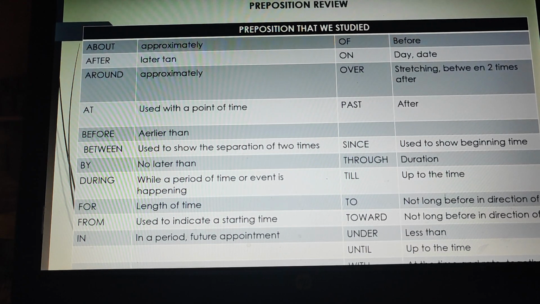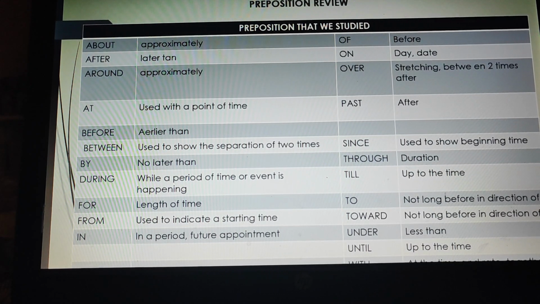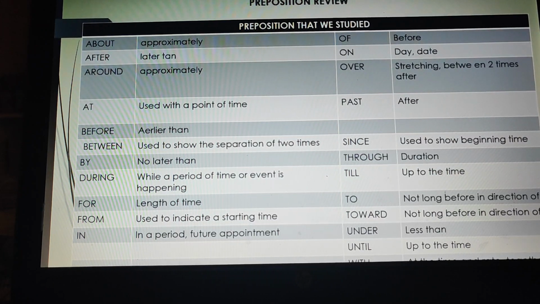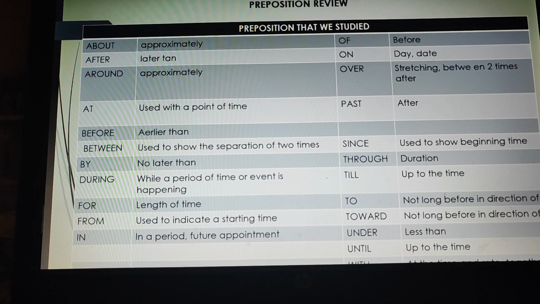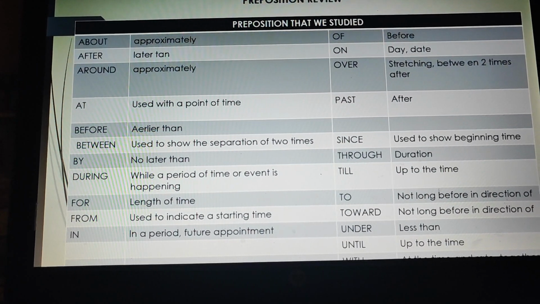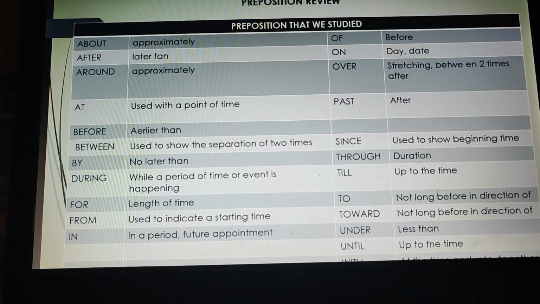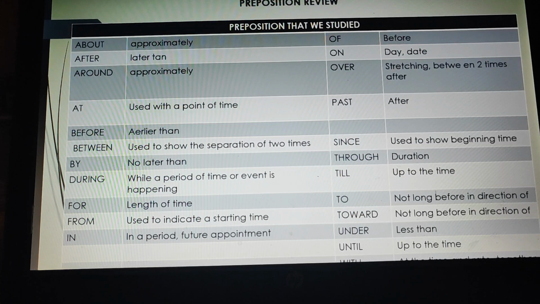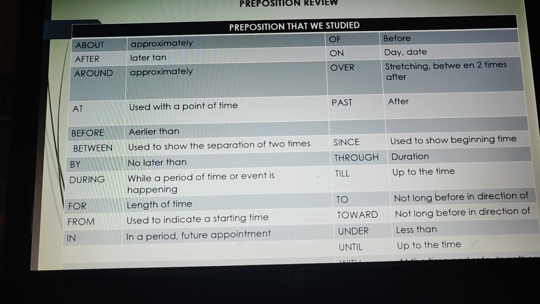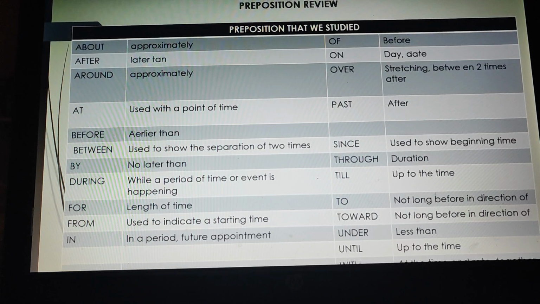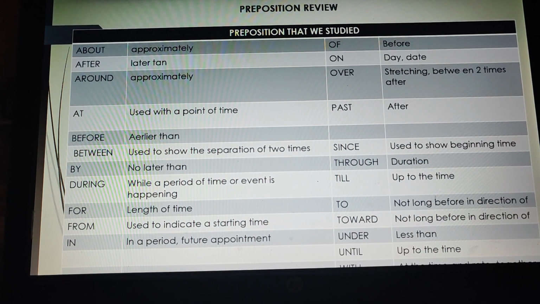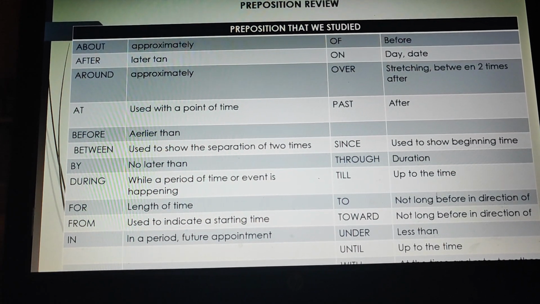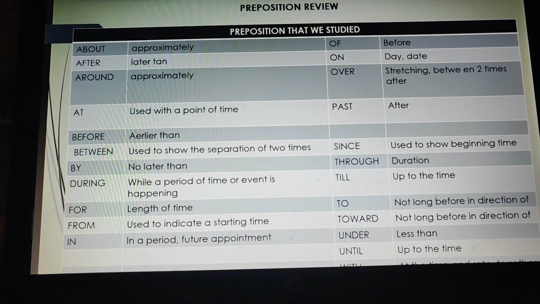In this case, by has the same meaning as toward, not long before, in direction of, or no later than. Some of these prepositions have the same meaning, they are synonymous, but the difference will be when we use them in specific topics or specific times. It could vary. That's it.